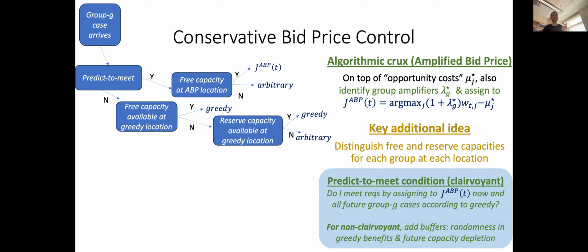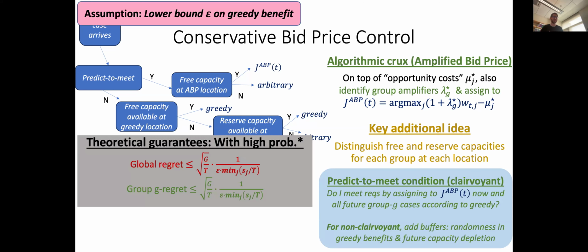And those greedy steps complementing the base algorithm allow us to provide theoretical guarantees that with high probability bound both our global and our group regret in a way that no longer depends on the group size. That is what we wanted. There's one assumption baked in here, which is there's now an epsilon in the guarantee, and epsilon captures a lower bound on the expected benefit of a greedy assignment.